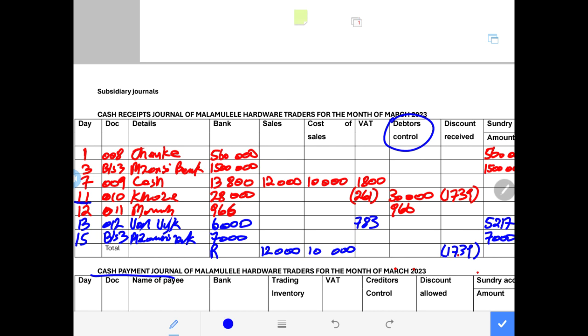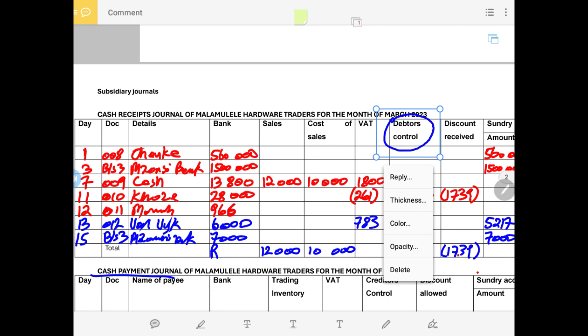Now we can see that the debtors control amount includes discount, but the amount of bank does not include discount because we received 28,000 rands. But another 2,000 was a discount. Under debtors control, we record the full amount that includes the discount amount.